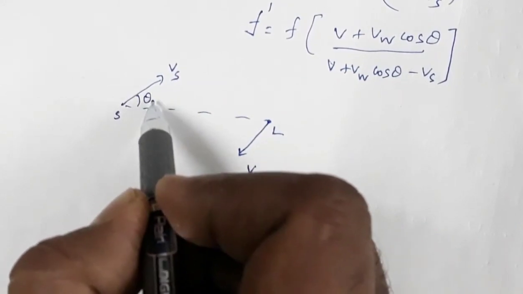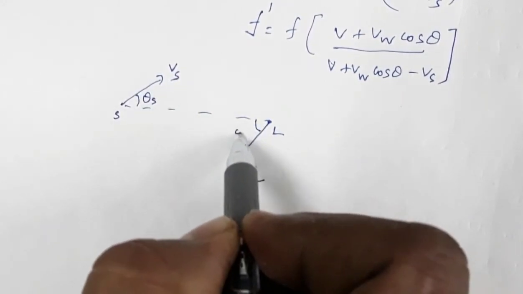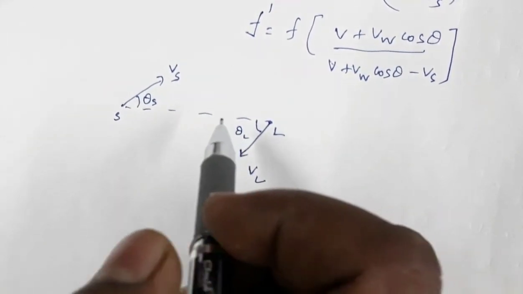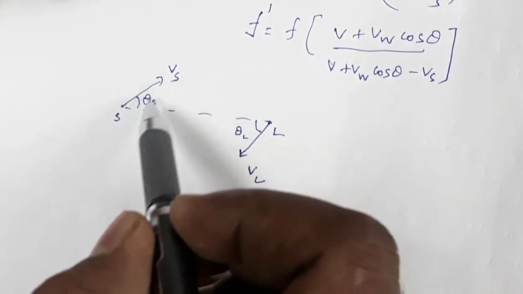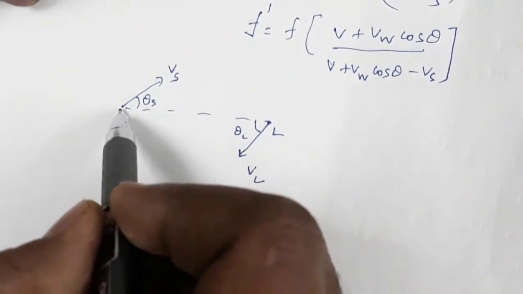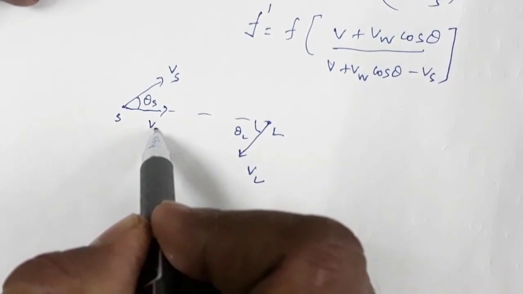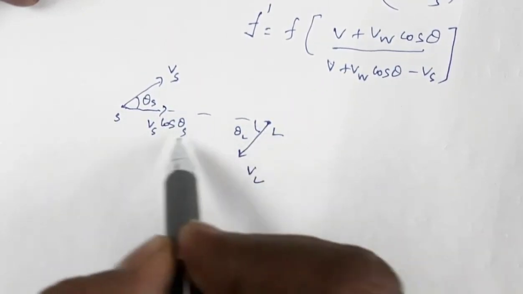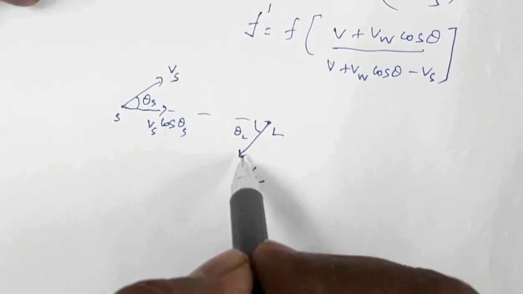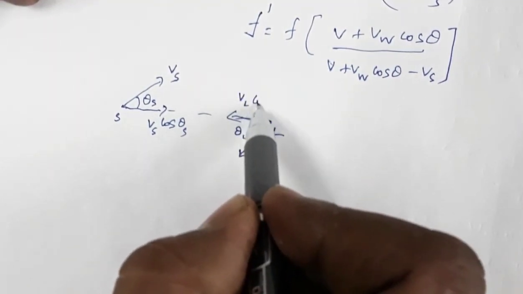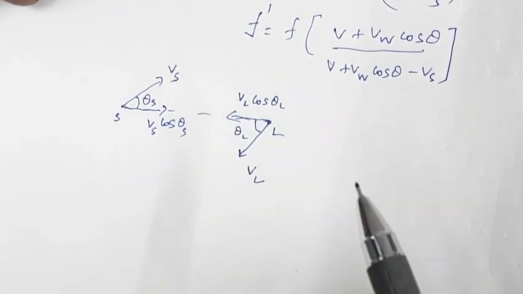This angle is theta s, and this angle is theta l. In this case you have to take the components of velocities along the line joining the source and the listener. For vs, this will be vs cos theta s, which means the source is approaching the listener with this velocity. Similarly, the listener is approaching the source with velocity vl cos theta l.